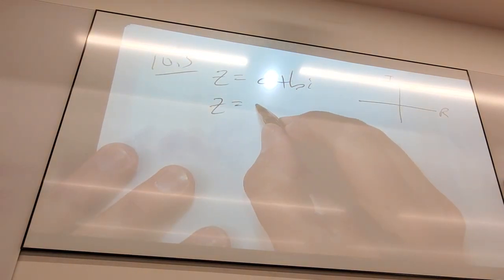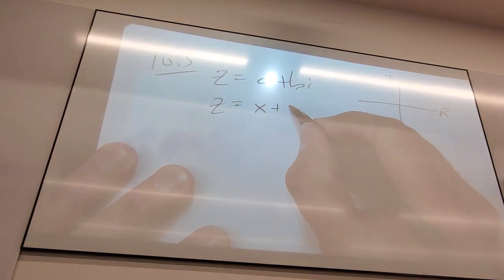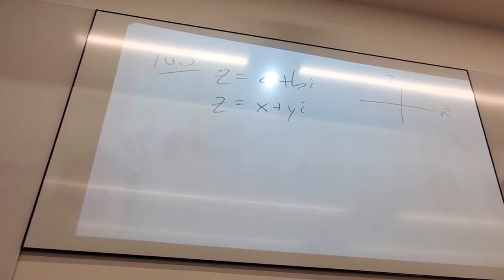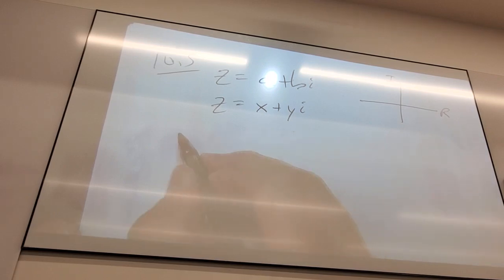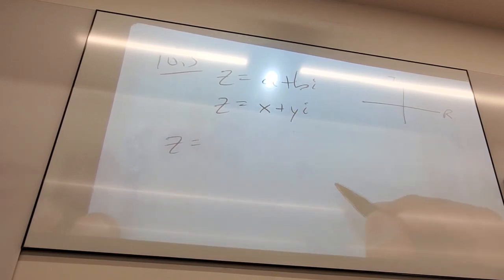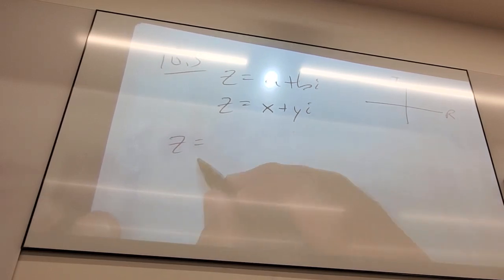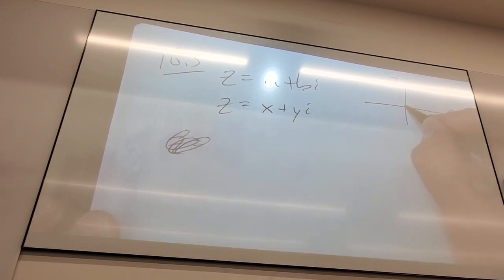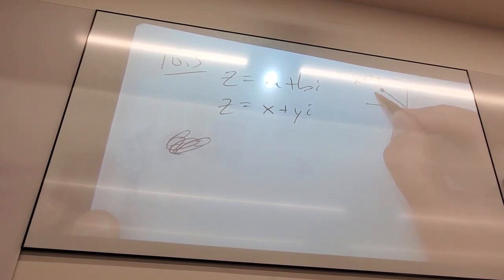So what we do here instead is we kind of do it like this, just to make it more what we're used to. So if I want to write this in polar form, let me do this. If I have a point x plus iy, how would I get the length of this?